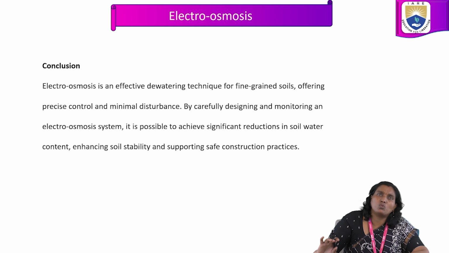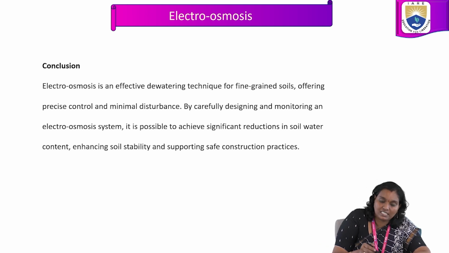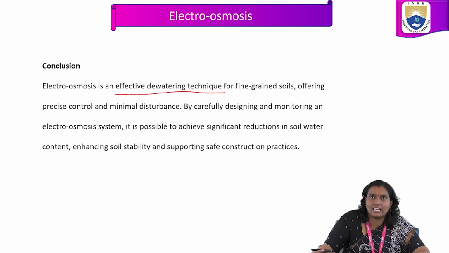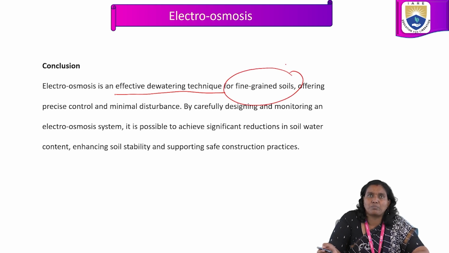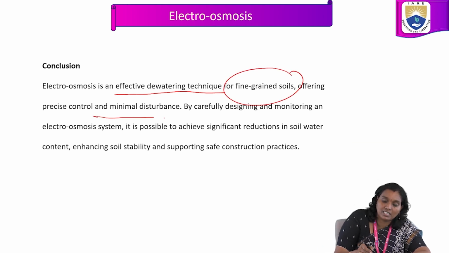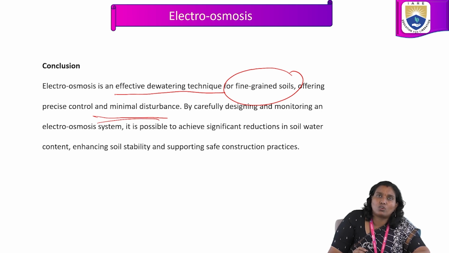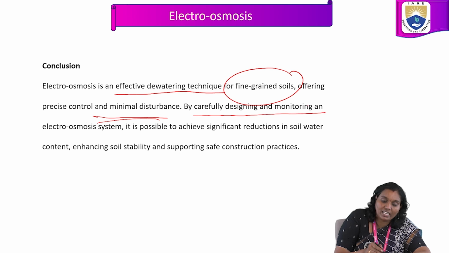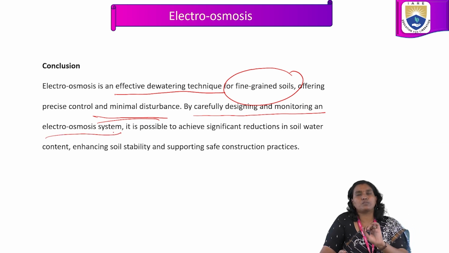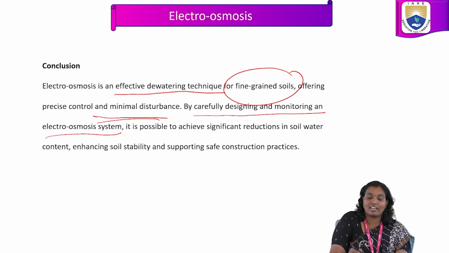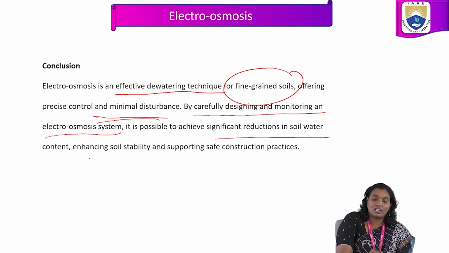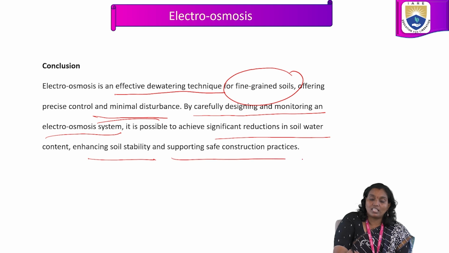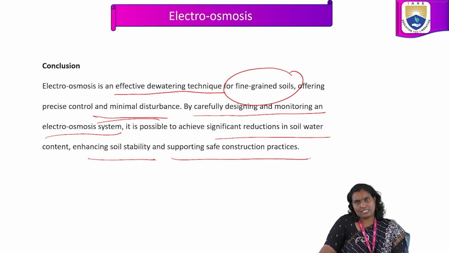In overall conclusion, electro osmosis is an effective dewatering technique for fine-grained soils, offering precise control and minimal disturbance. By carefully designing and monitoring an electro osmosis system, it is possible to achieve significant reductions in soil water content, enhancing soil stability and supporting safe construction practices.